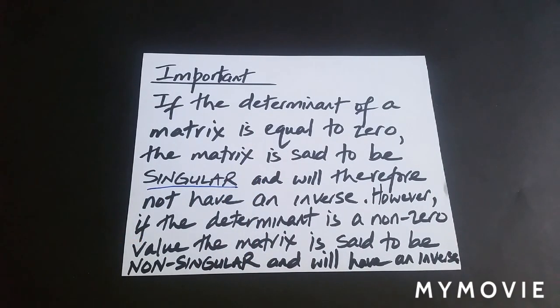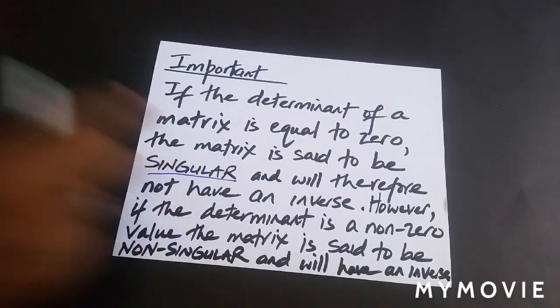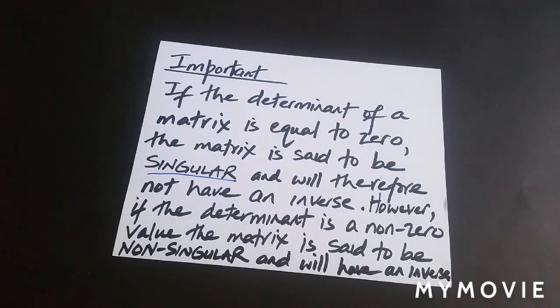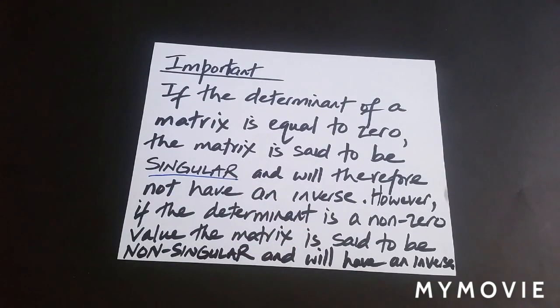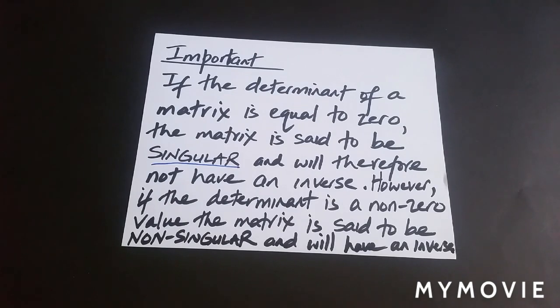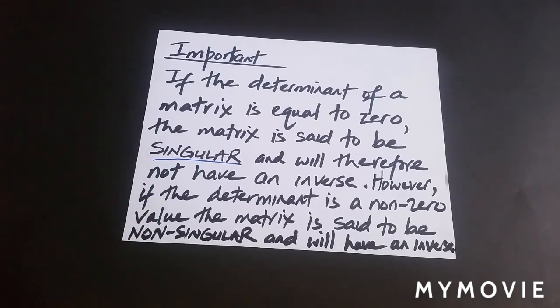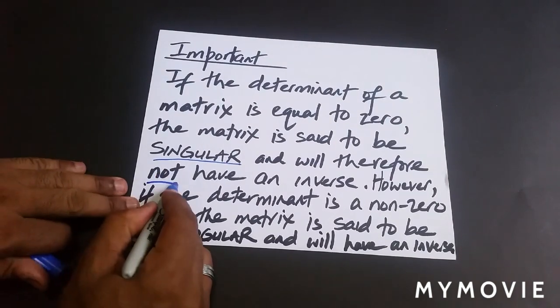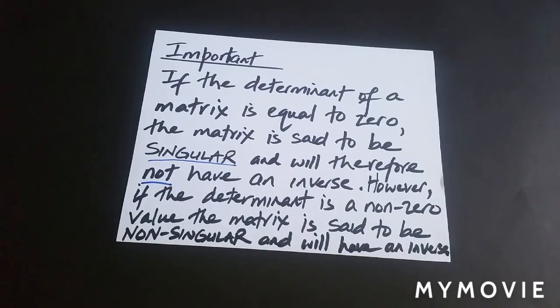Remember when you were looking at types of matrices, we mentioned singular and non-singular and said that we would come back to those later down in the topic. Well, this is later down in the topic. So, if the determinant of a matrix is equal to 0, the matrix is said to be singular and will therefore not have an inverse.